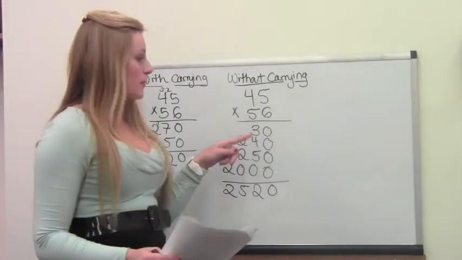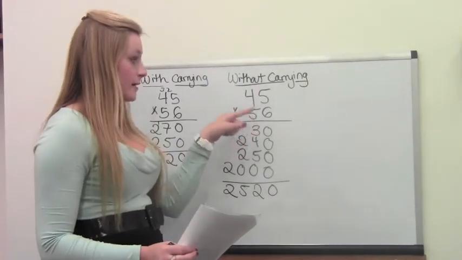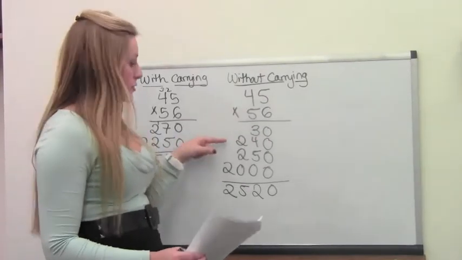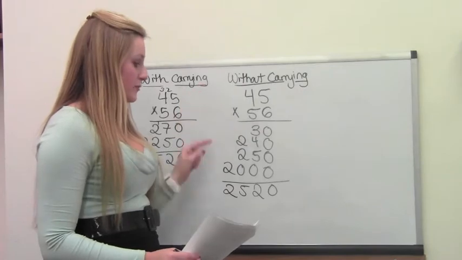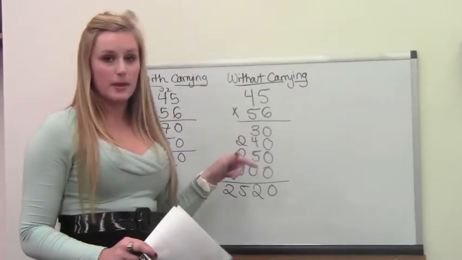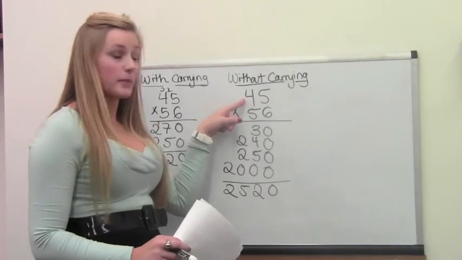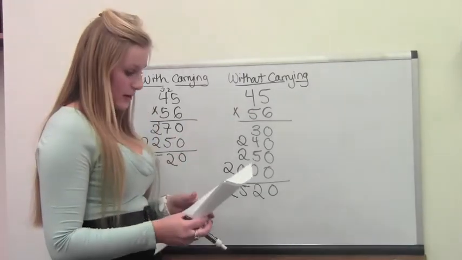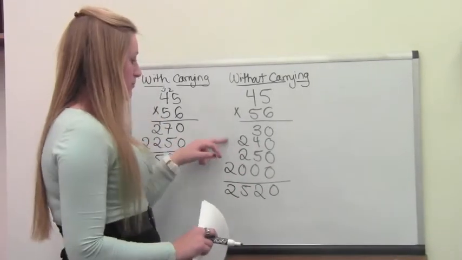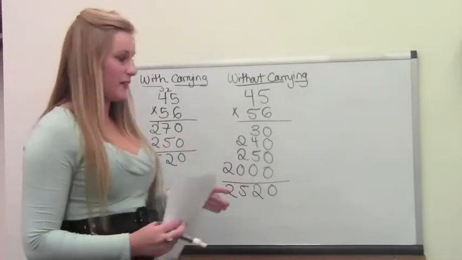We add the individual products as 6 times 5, 30, 6 times 40, 240, 50 times 5, 250, and 50 times 40, 2,000. Students will have to keep in mind, if they choose to use this method though, the significance of the 4 being a 40, the 5 being a 50, etc. As stated, this will work just as well, just more products to add when you get to the final step.